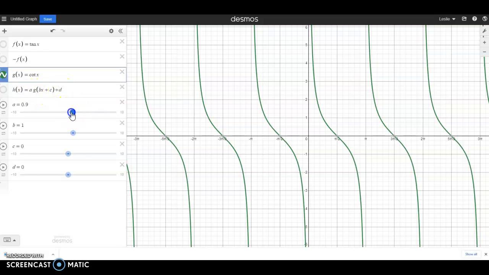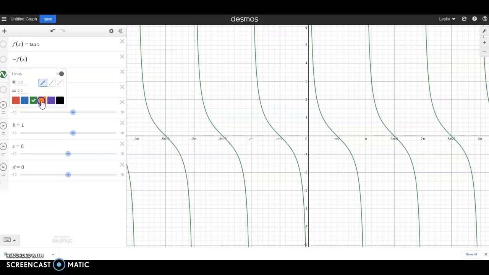And now if I make my values of a, b, c, and d 1, 1, 0, and 0, I'm saying don't multiply the function, don't multiply the x, don't add anything to the x, and don't add anything to the function. Then I get the same graph for h as I do for cotangent.